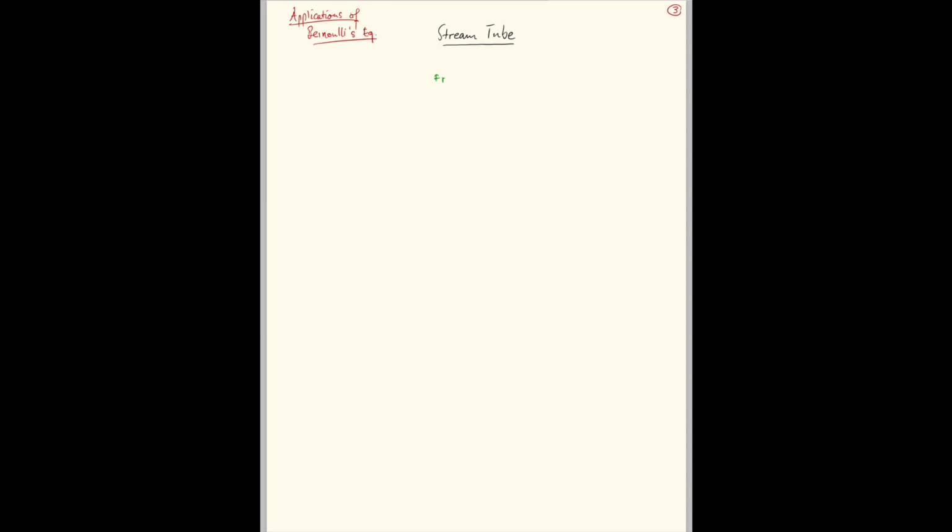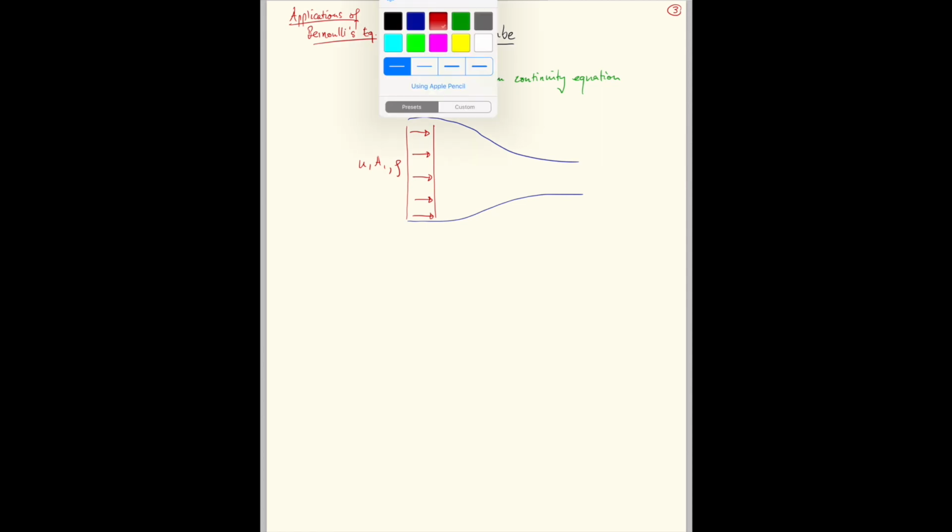From just the continuity equation, if we have in the 2D case two streamlines that have a cross-section as follows, and then we have some velocity u1, let's say there's a constant velocity here, so you have u1, a1, and a given density coming in on one side, and this only works for incompressible flow, so rho is going to be constant here.